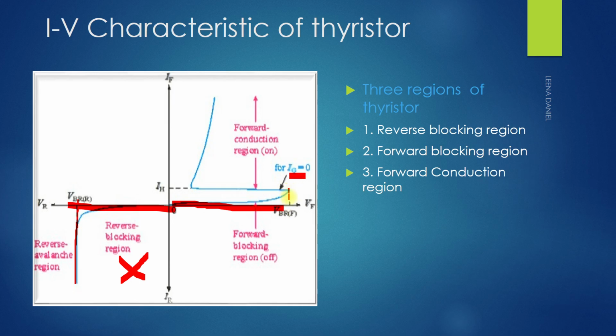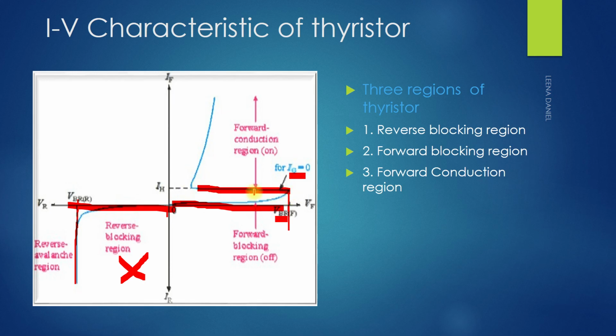So this is the condition for turning on the thyristor: increase the forward voltage up to VBF. From 0 to F there is no conduction, but after a certain level, that is VBF, the forward breakover voltage, the thyristor comes into the on condition and turns on. This portion, when you study in the book, is always shown as a dotted line.